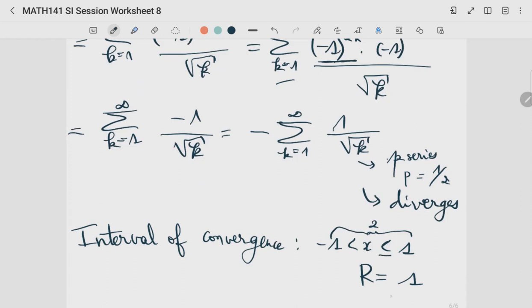So our radius of convergence is 1, going from x is equal to 0 in either direction, with 1 being included but -1 being excluded.